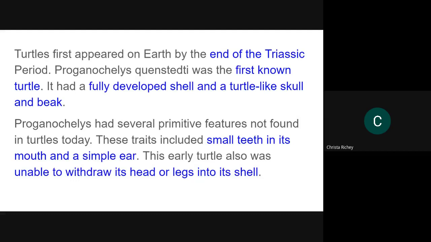I know just enough medical terminology to be able to pronounce at least letters together. This particular turtle had a few features that were different. Turtles don't have teeth. This one did. Things evolutionarily changed. They lost them. It also had a primitive ear that most turtles do not have.